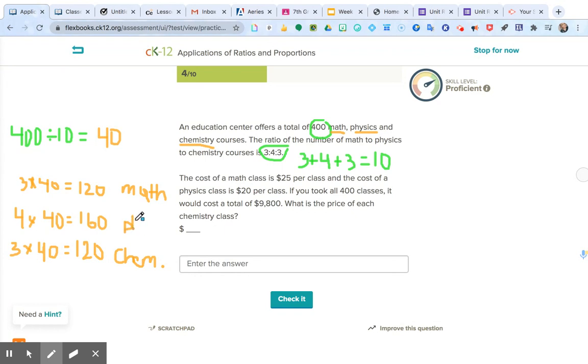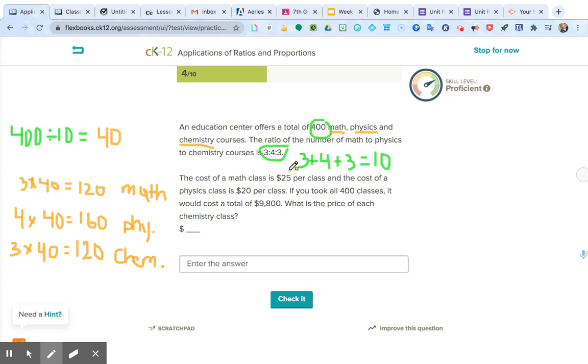So I'm going to put PHY for physics. All right, so now I know how much of each class I have to take. And this should add up to 400 if you did want to check it. So each of these, if you add them together, you should get 400, which was the total number of classes.